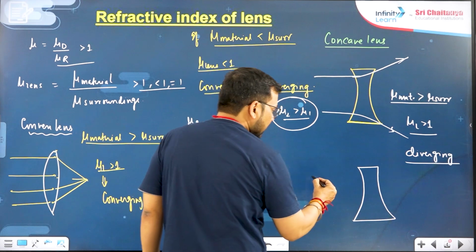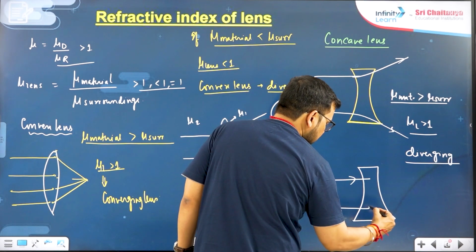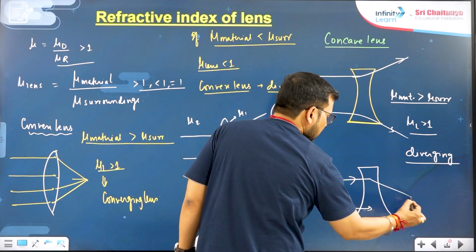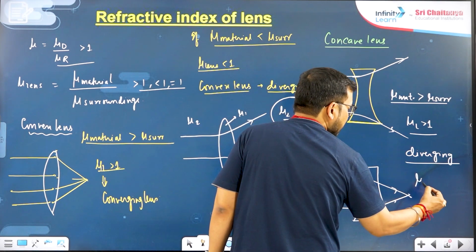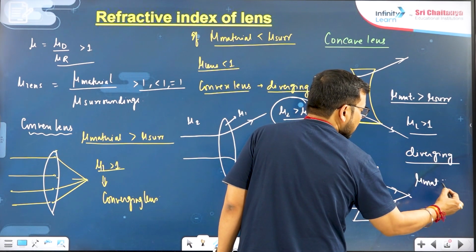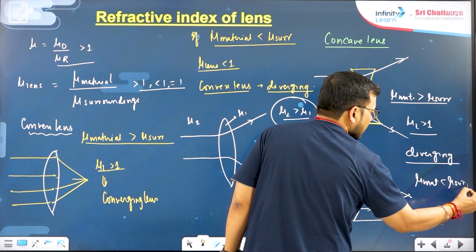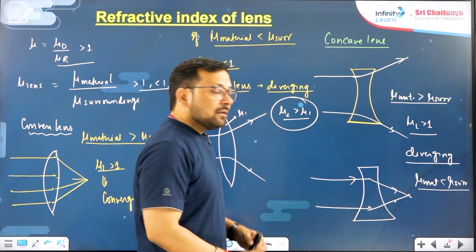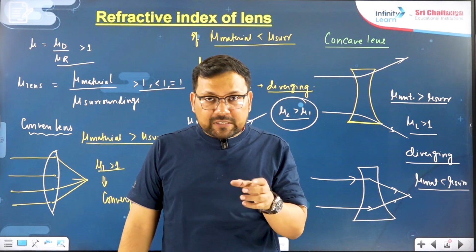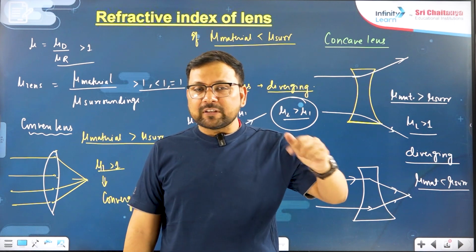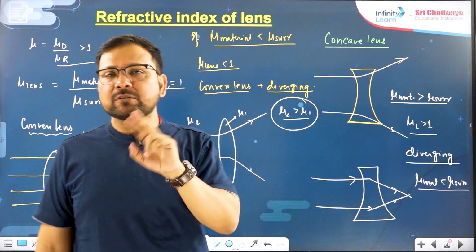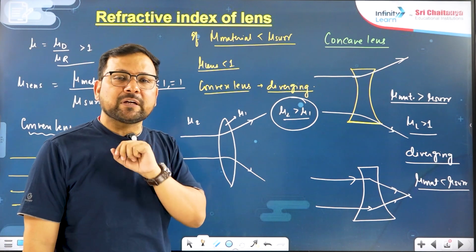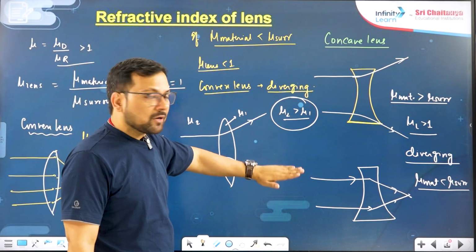this, and here the ray is going like this, and here they will converge, or they might converge, because the mu of material is now less than the mu of surroundings. So understand, convex behaves as converging in a case, and in the same case concave behaves as diverging. But if you switch the condition, oppose the condition, then it will be the other way around also.